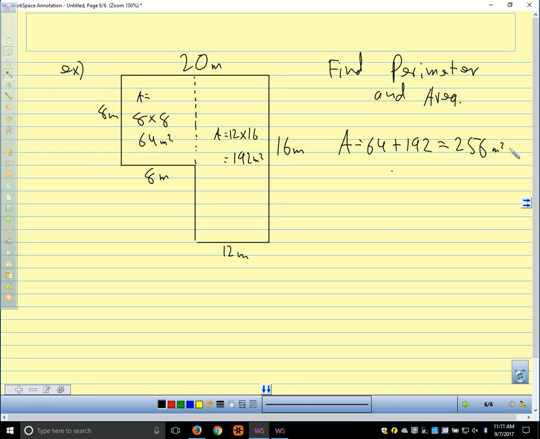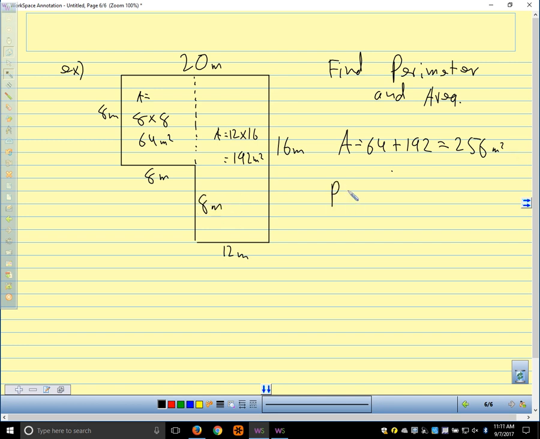Now we need the perimeter, but we're missing this piece. So we need to find that piece. What are we going to do for that? 16. This whole length is 16. This piece is 8. So what does that leave for that? 8. So that's 8 meters.